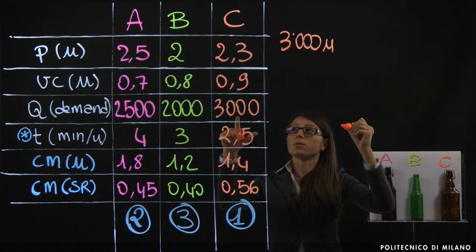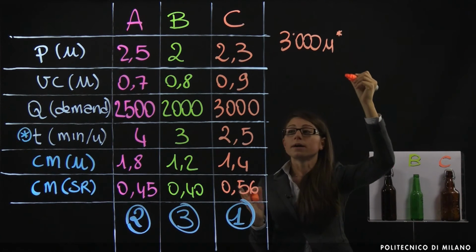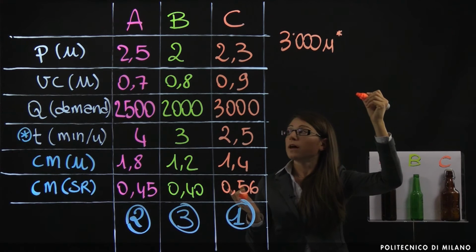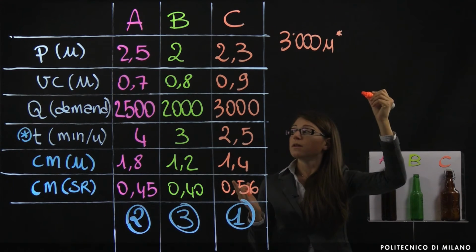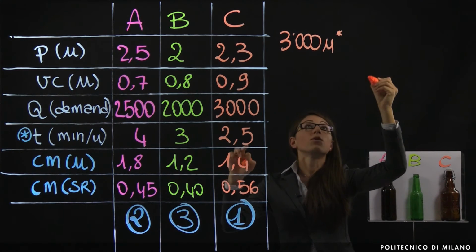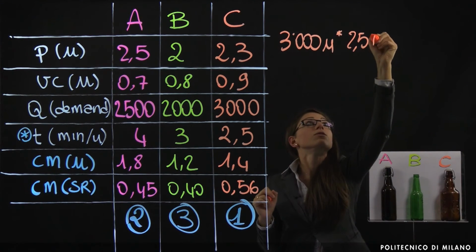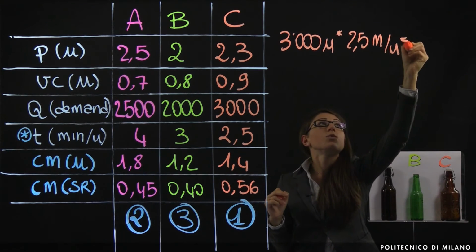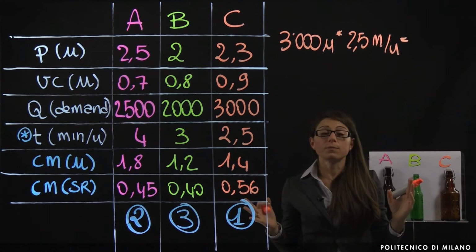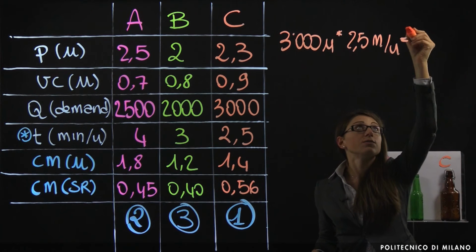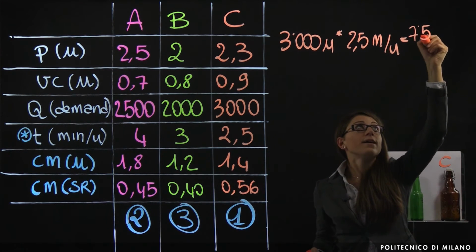That is this value, our weekly demand, multiplied by the production time. How many minutes do we need in order to realize our production? And the quantity is the following, 2.5 minutes per unit. In order to realize the overall production of beer type C, we are employing our machine for 7,500 minutes.